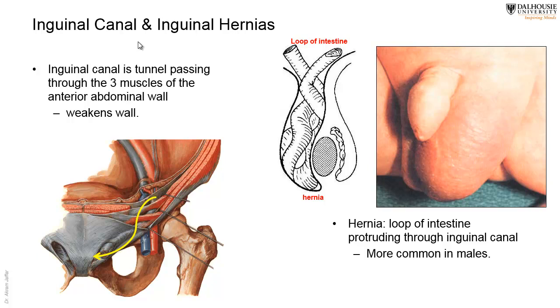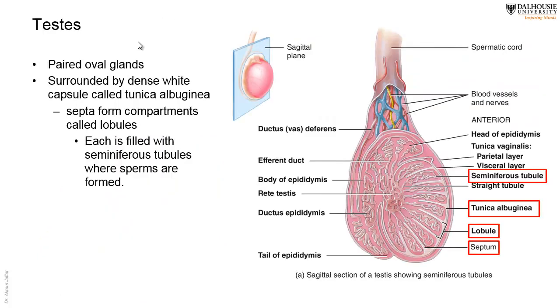This is called inguinal hernia, and it's more common in the males because the inguinal canal will be weaker in the males than in the females, because it facilitates the descent of the testis, but the ovary does not pass through it. The descent of the ovary stops at the pelvis. It doesn't go downward.